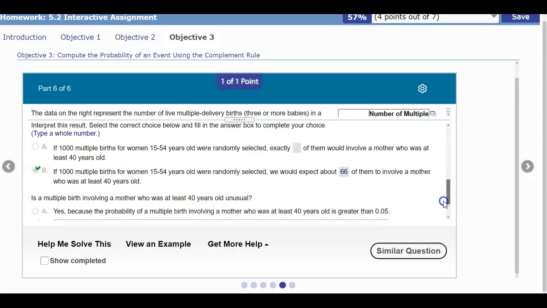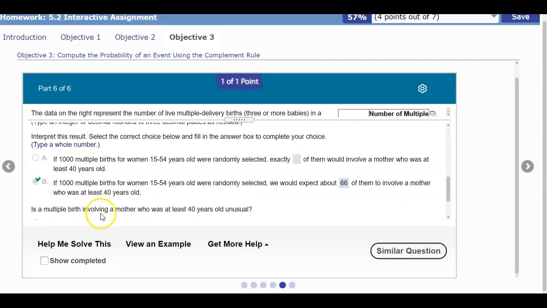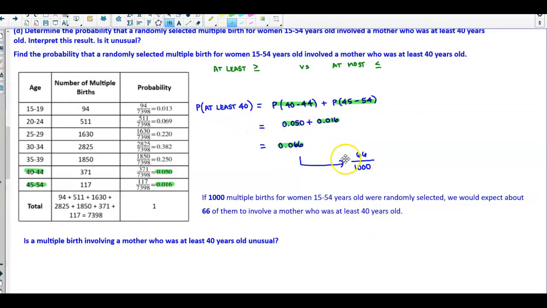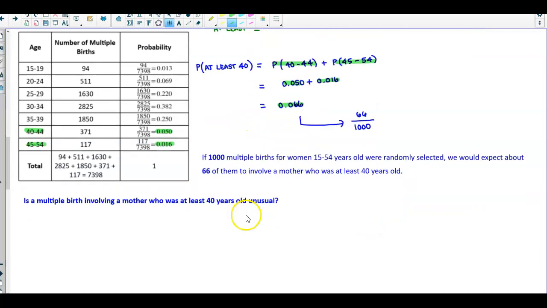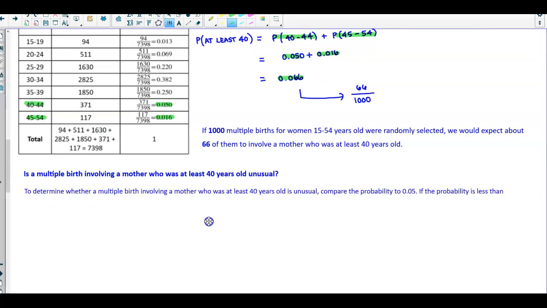Now the last question is asking us, is a multiple birth involving a mother who's at least 40 years old unusual? Well, we found the result to be 0.066, and this is the question that we want to ask. To determine whether a multiple birth involving a mother who was at least 40 years old is unusual, we want to compare the probability to 0.05 or 5%.